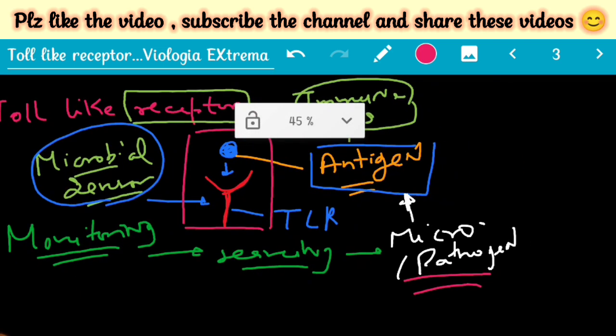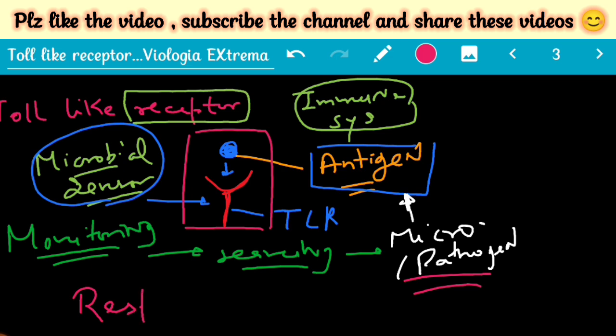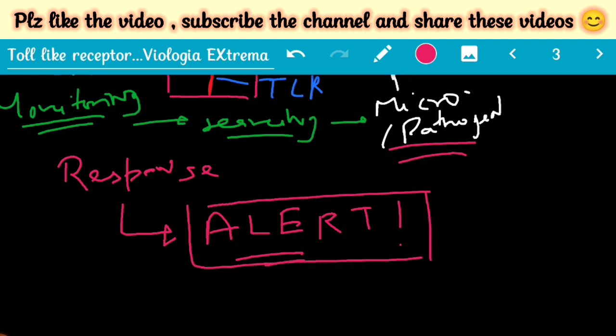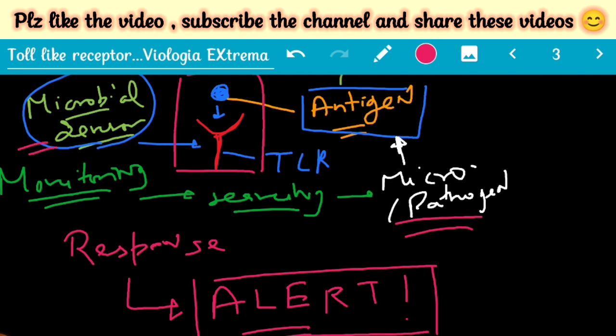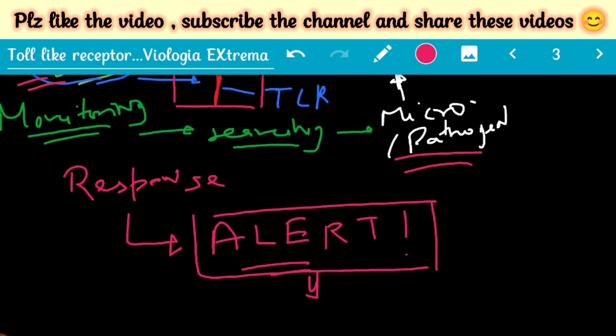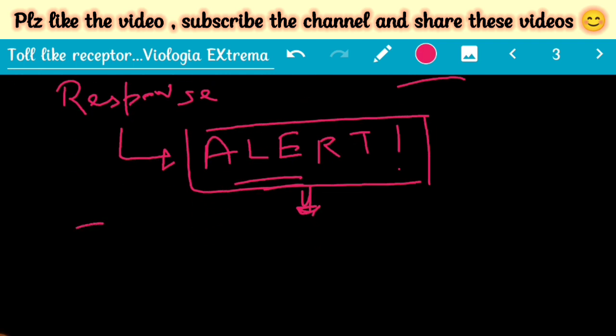When they find these components of pathogens, they produce a response in the form of an alert. They alert the whole body, acting kind of like sensors. And when they alert the body, they generate an immune response.